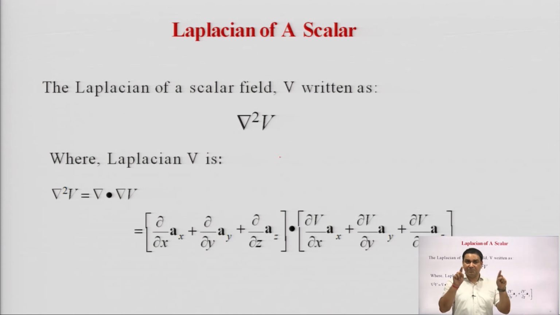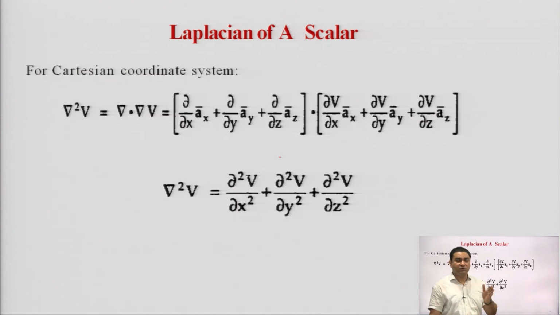This is the complete explanation of the Laplacian operator and how it can be used for different coordinate systems. Del square V means del dot del V, the divergence of the gradient of a scalar field V, and it can be written like this.